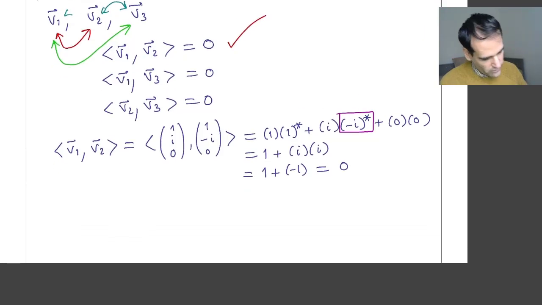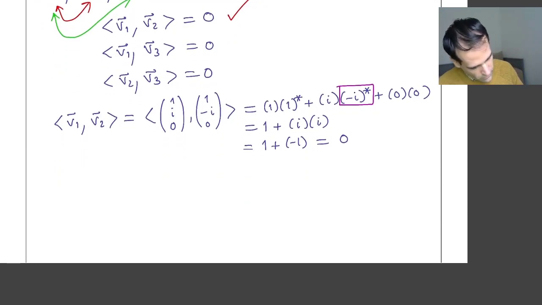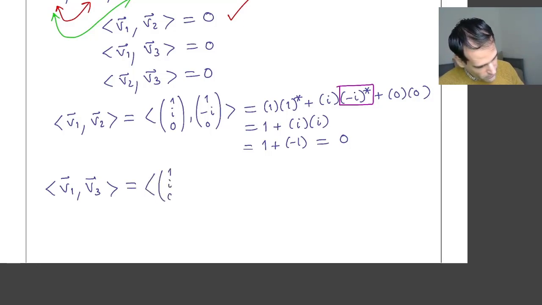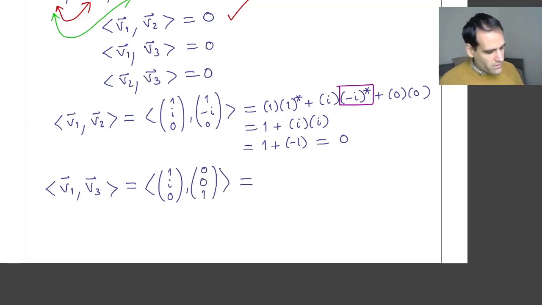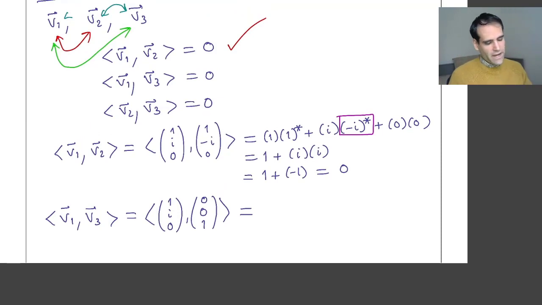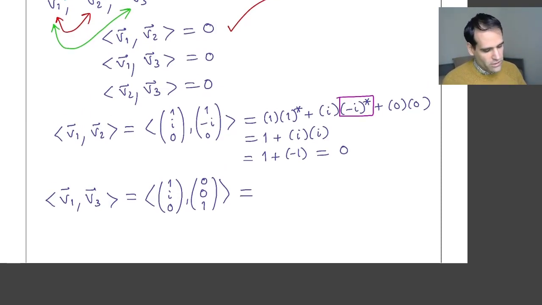Now we need to check the second one. So the second one is v1 times v3. And this is equal to this inner product, 1, i, 0 times 0, 0, 1. Now instead of doing it directly, I'm going to use another notation, just because it's nice that you see different ways of doing it.